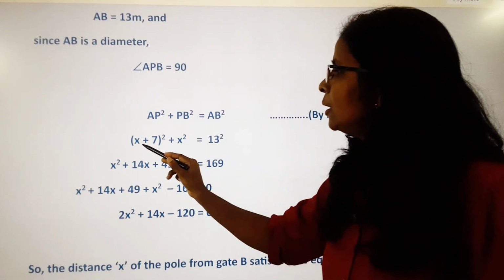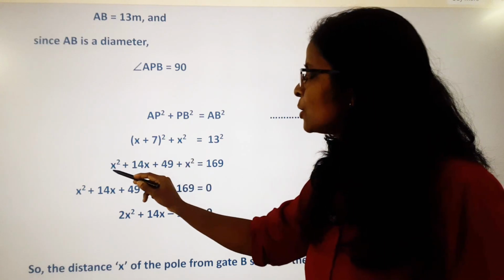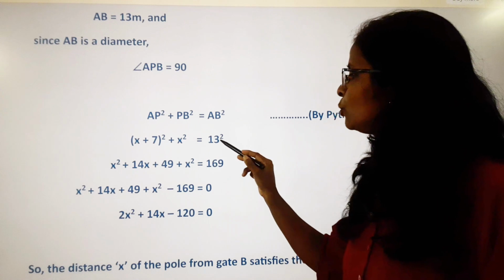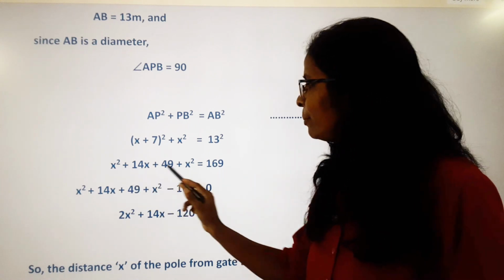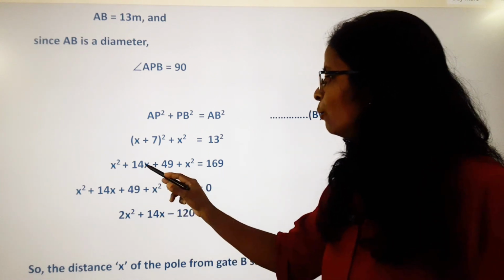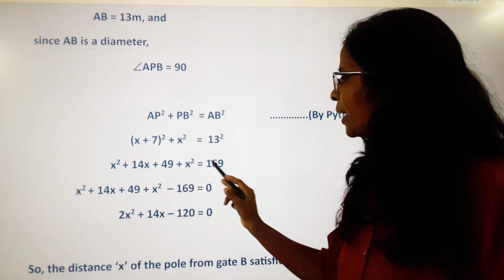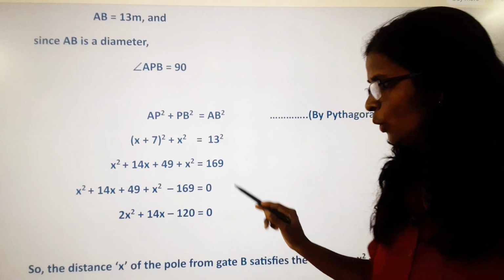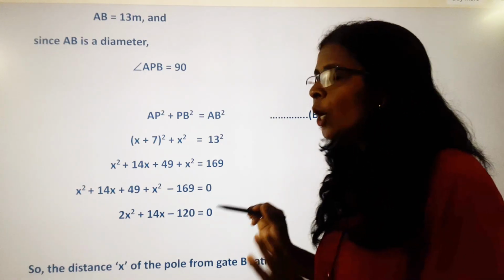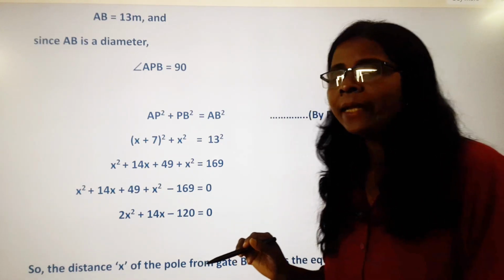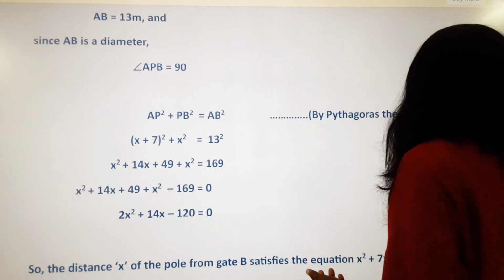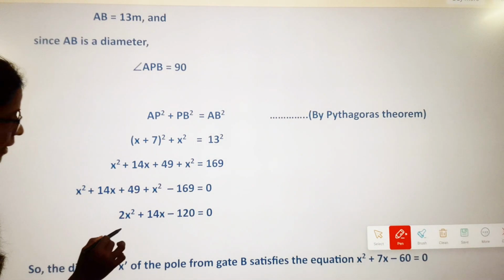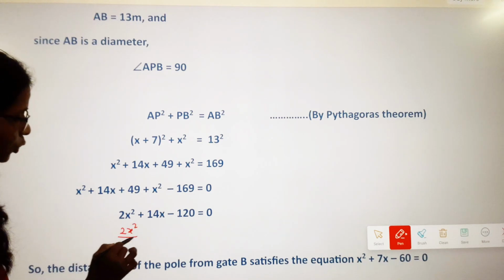So now the square of x plus 7 is x square plus 14x plus 49, plus x square, which is equal to 169. So x square plus x square means 2x square, plus 14x, and 49 minus 169 means minus 120, is equal to 0. Now this is the quadratic equation, but we can also find it in a simplified manner by dividing both sides by 2.